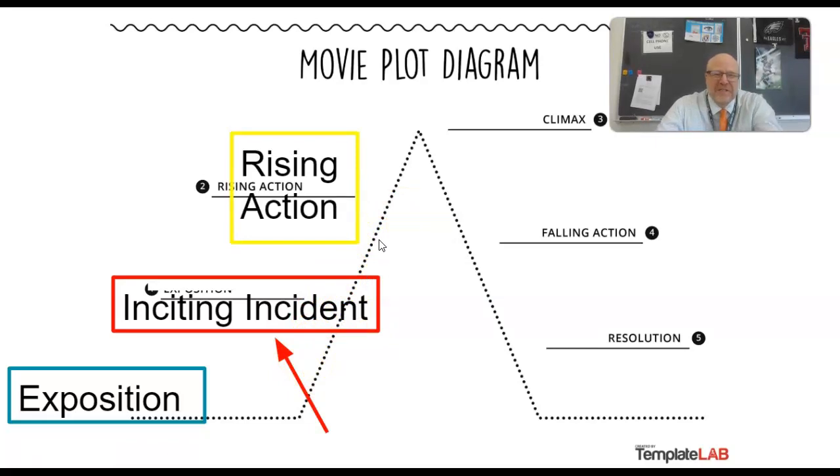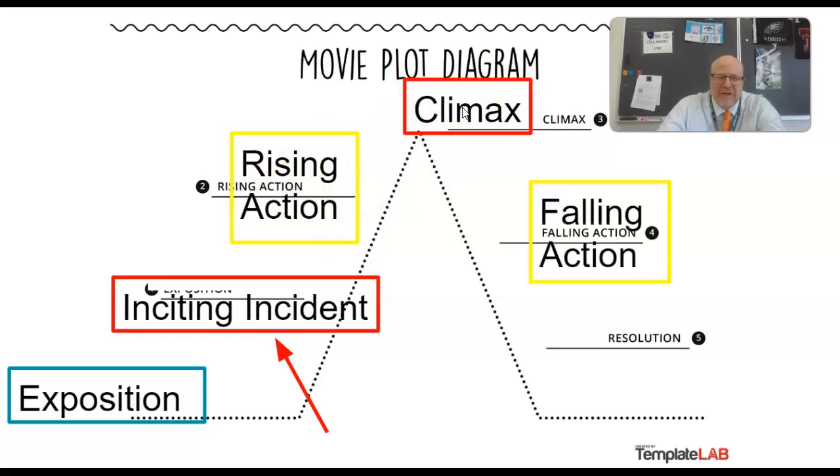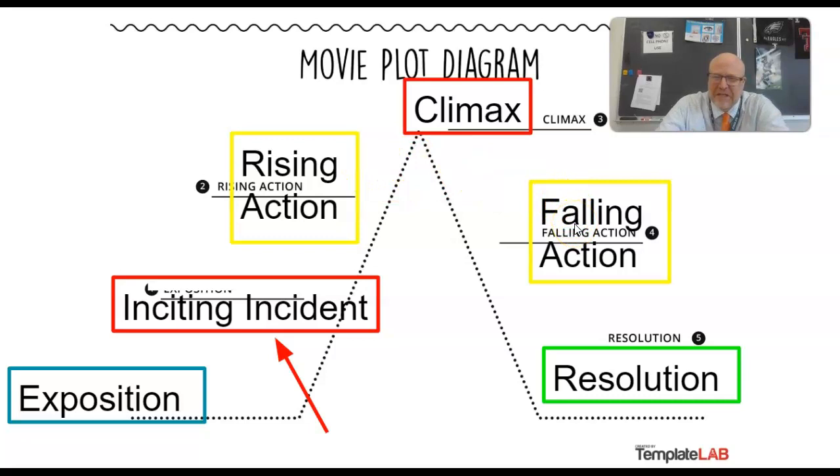Then in the rising action, the tension is increasing until ultimately we get to the highest point of the story, the most intense point, the climax, going to explode. I put that in red with the inciting incident, where we have our really deep-seated conflict. Rising action and falling action are in yellow: the tension's increasing here, decreasing there. And then in the resolution, everything's resolved in the end.